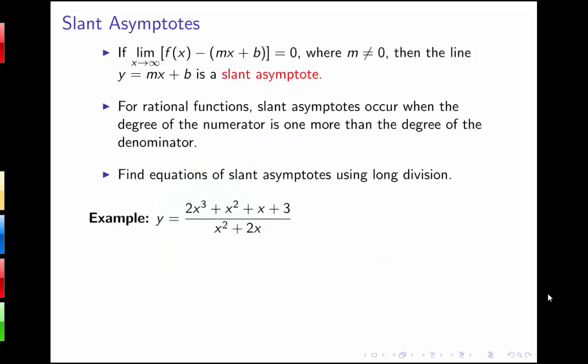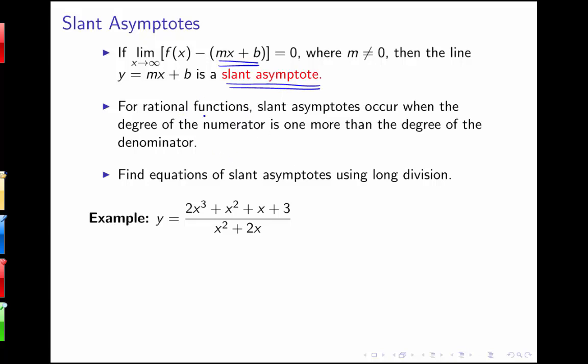So now let's look at how we can compute these slant asymptotes, which is another kind of limiting behavior that a function can have. So if the limit as x goes to infinity of our function minus a line is equal to 0, where m here, the slope of the line, is not 0. Of course, if the slope of the line is 0, we're talking about a horizontal asymptote. If the slope of the line is non-zero, then we're talking about the graph having a slant asymptote.